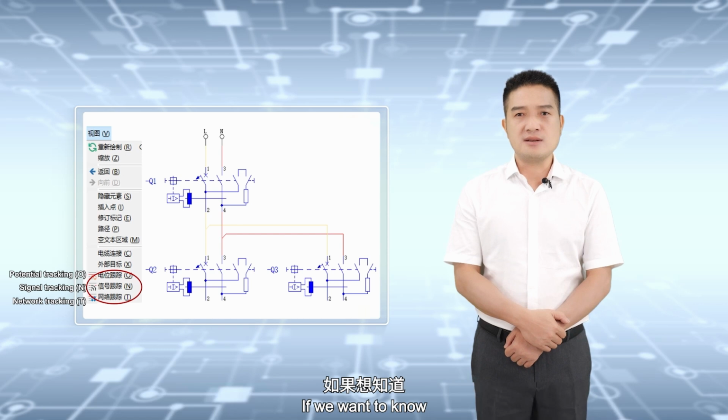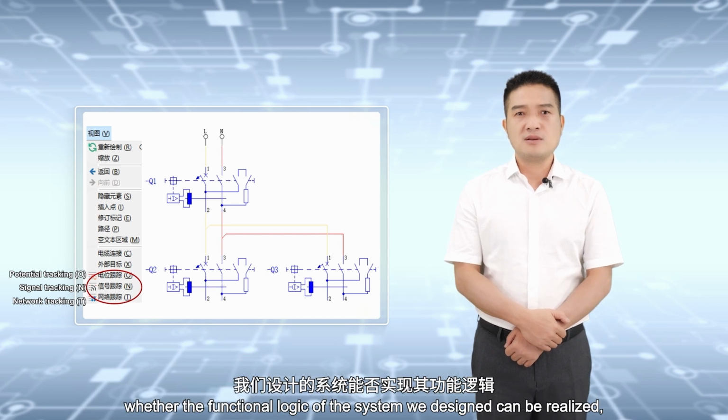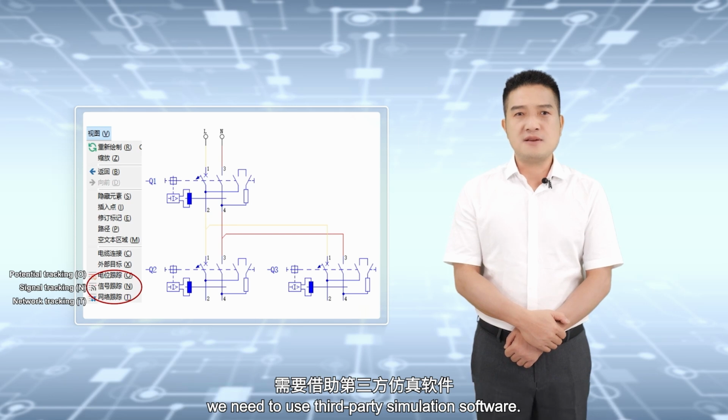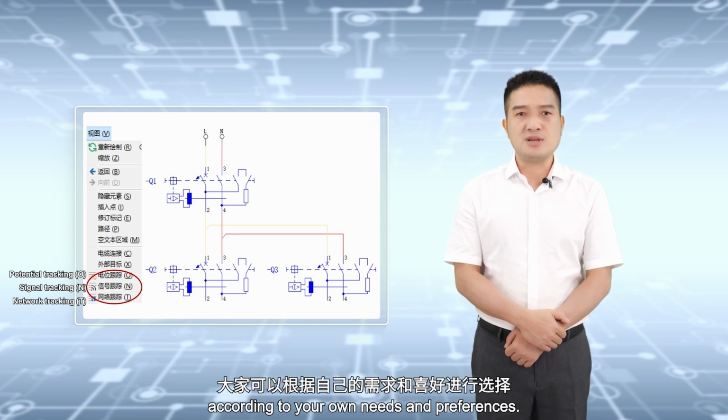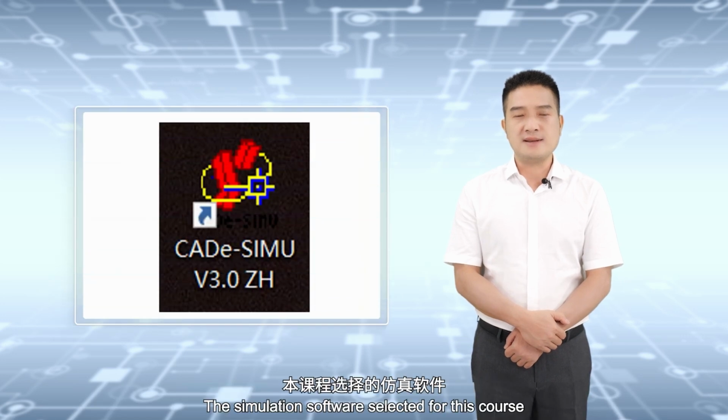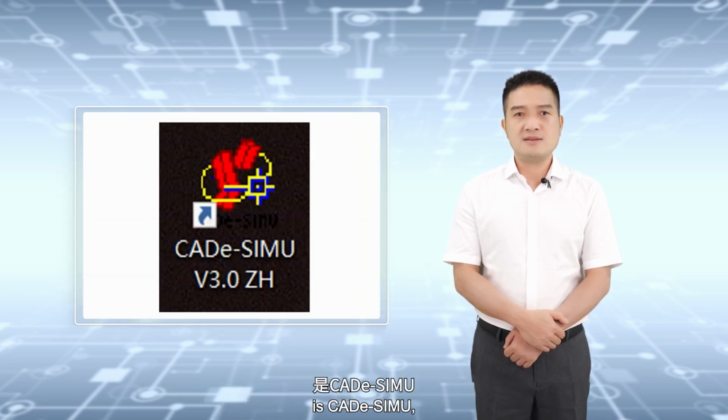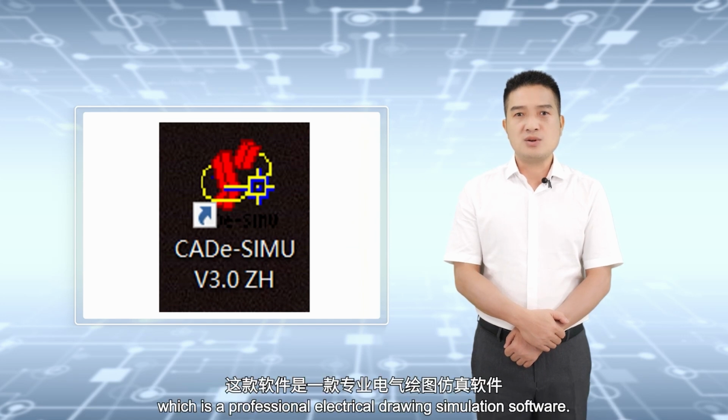But we cannot check whether the logic of the whole control system can be realized. If we want to know whether the functional logic of the system we designed can be realized, we need to use third-party simulation software. You can choose the simulation software according to your own needs and preferences. The simulation software selected for this course is CADe SIMU, which is a professional electrical drawing simulation software.